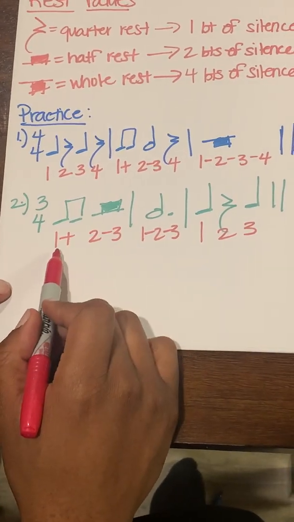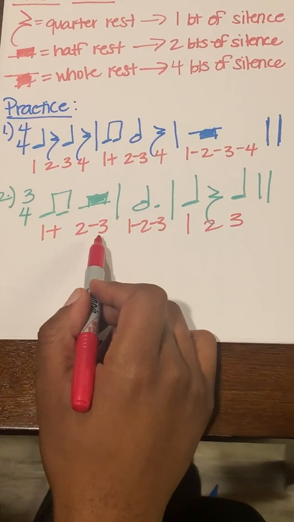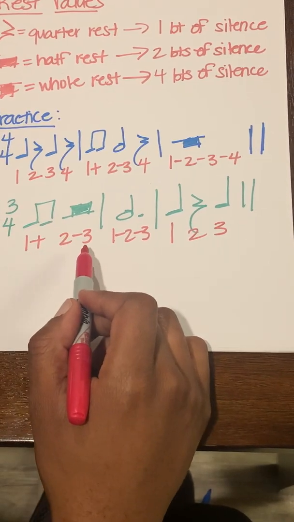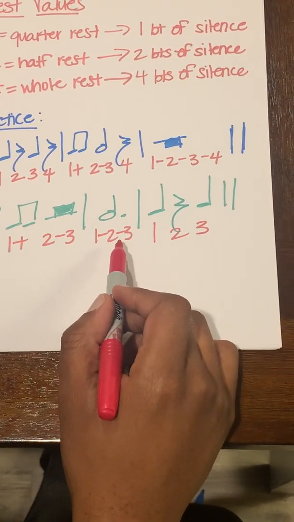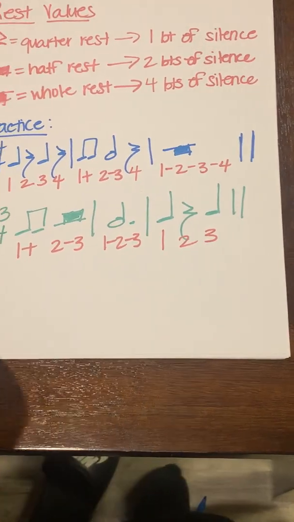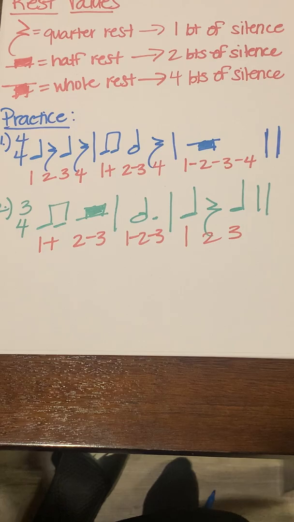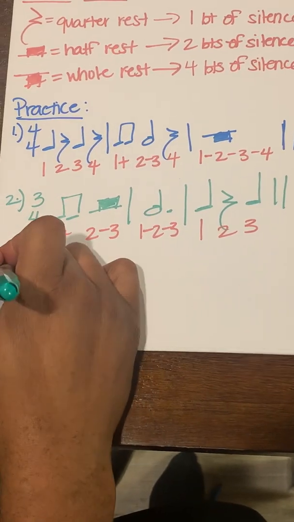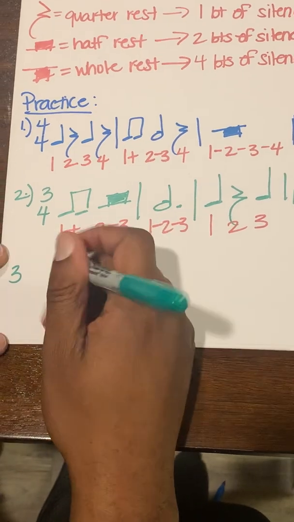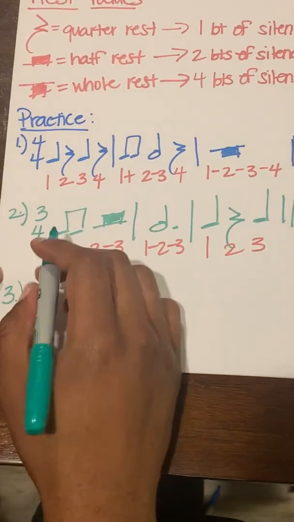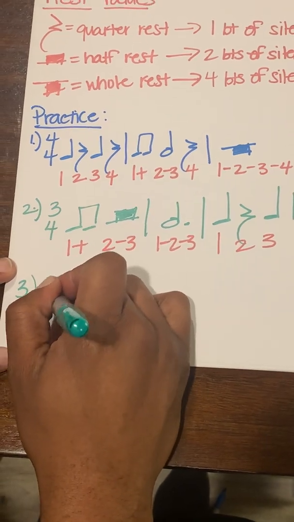It will sound like this. 1 and. Ti, ti. Ta, ta, ta. All right. One final exercise. And this time we're going to be in, let's go with 2/4.